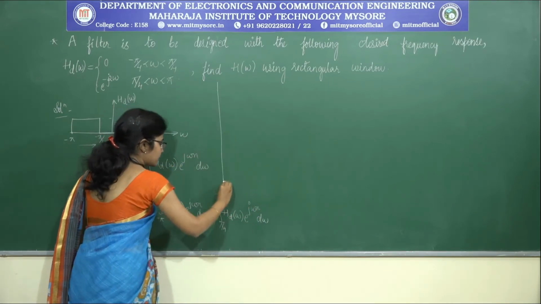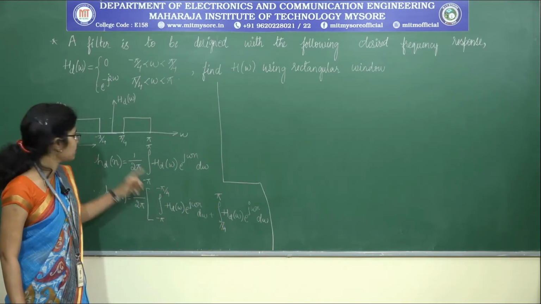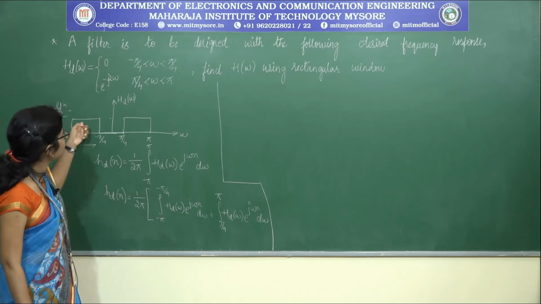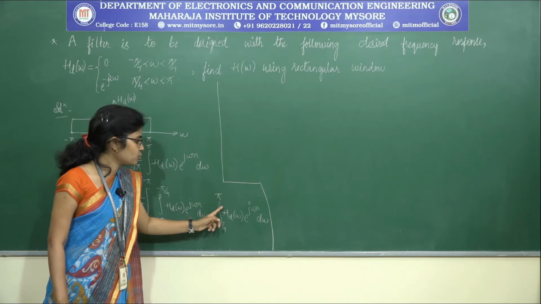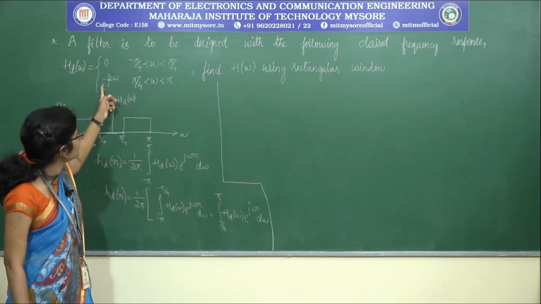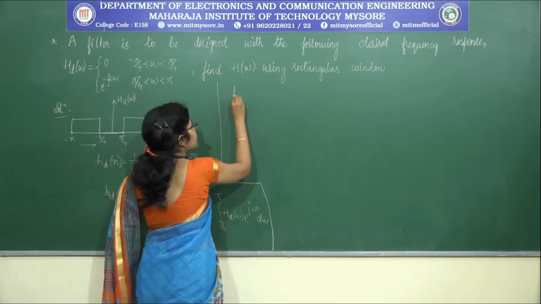So we got this. Now what we know, from minus pi to minus pi by 4, HD of omega is equal to e power minus j 2 omega. Similarly, from pi by 4 to pi, this is equal to e power minus j 2 omega.